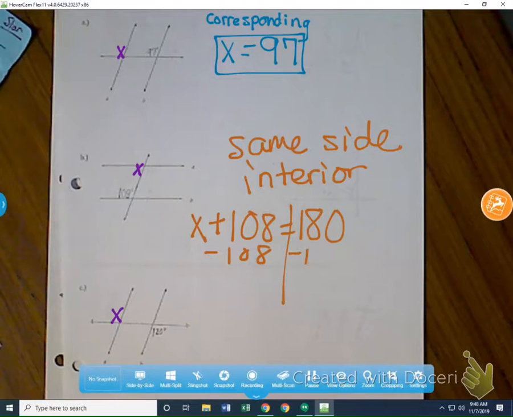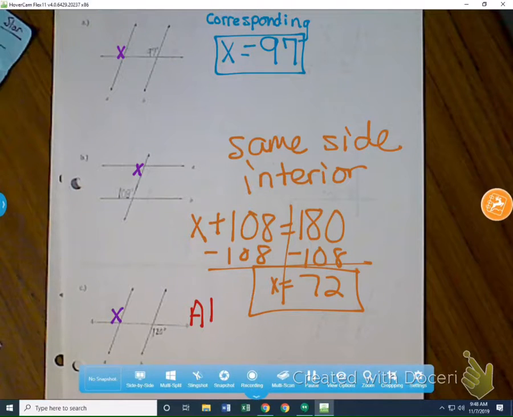Subtract 108. X equals 72. Fabulous. Alternate exterior. Alternate exterior angles are what? Congruent. So X equals 120.